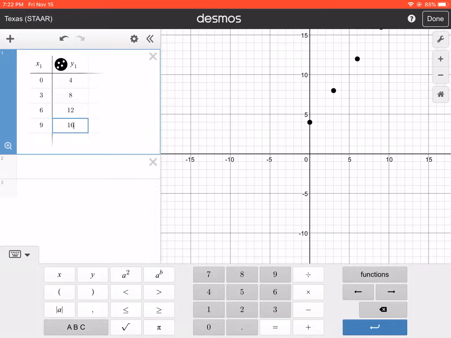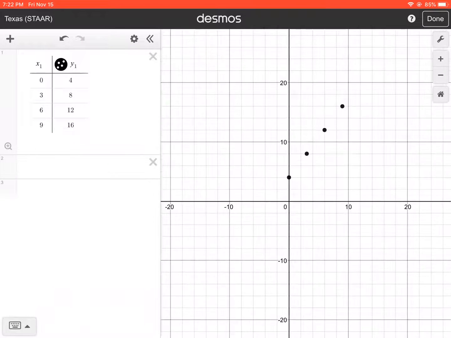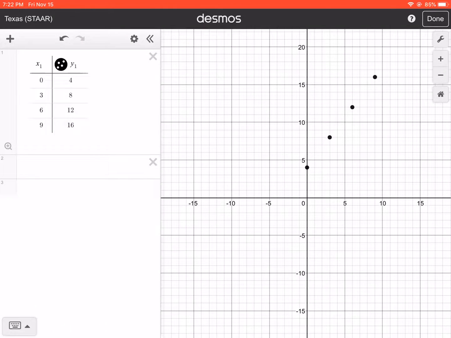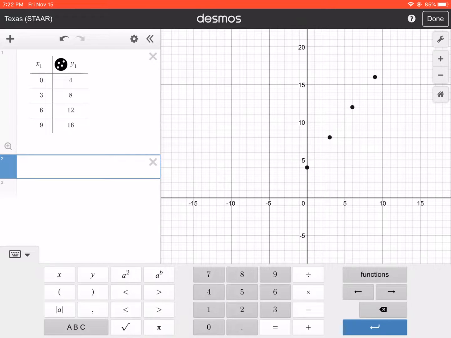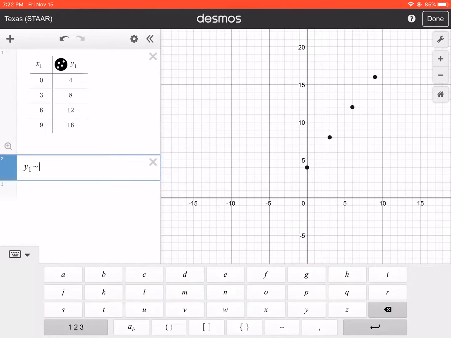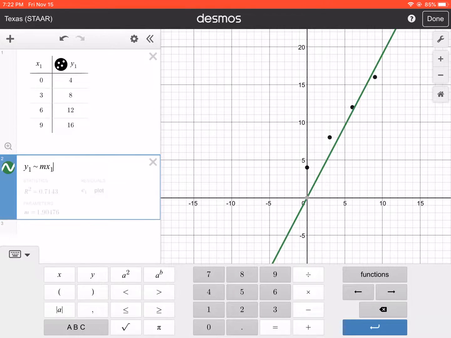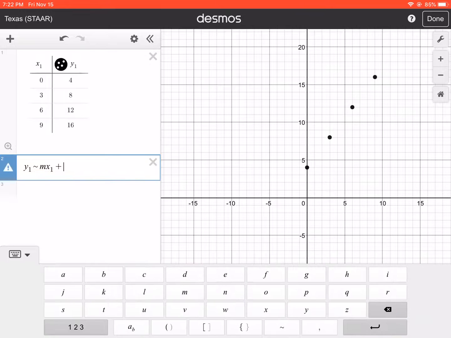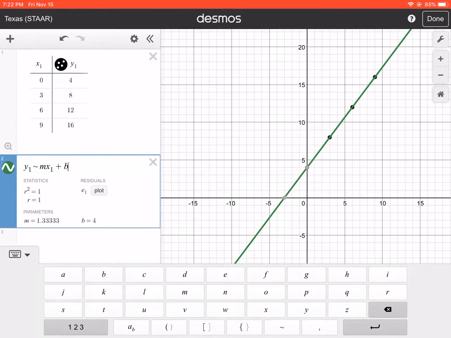So that's not that bad. And then we see the points right here. We want to find the slope of those points, so we can just use y1 tilde mx1 plus b. Boom! We already have a slope. It is m. So our m here is 1.33.